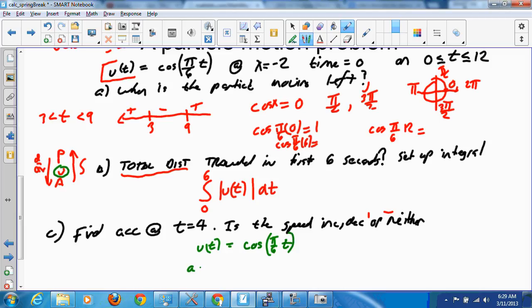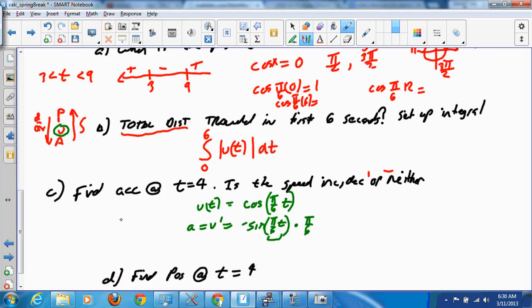So acceleration equals the first derivative of cosine, and the derivative of cosine is a negative sine pi over 6. And this is a chain rule, so you have to take the derivative of the inside portion. The derivative of pi over 6 times t is just positive pi over 6.